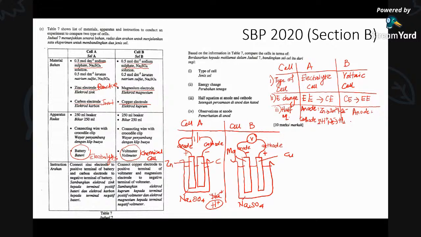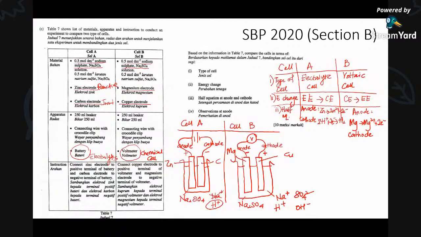Mg will become, okay, and then if you observe at cathode, so cathode, you start with the ion. Okay, what are the ions in the solution over here? Okay, so you have Na positive ion and also H positive ion. Okay, H positive ion, and also you have SO4 2 minus ion and OH minus ion.